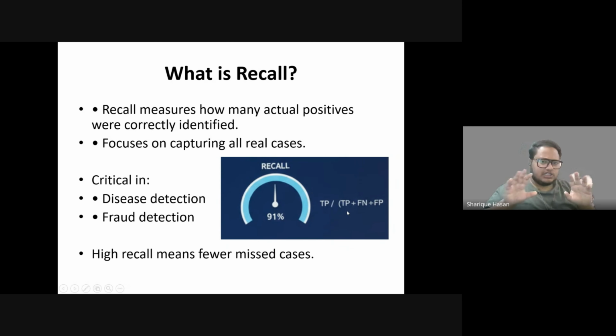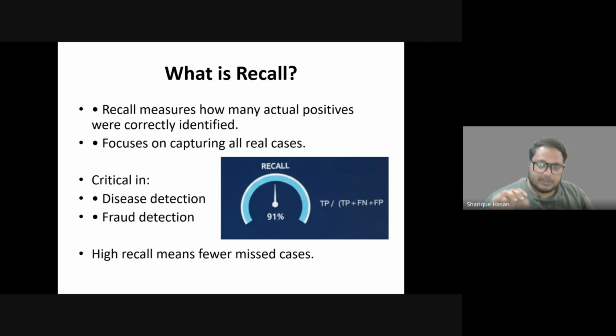Now let me explain true negative, true positive, false positive, false negative. Positive means correct, negative means wrong. True positive means which is predicted correct and actually is correct. False positive is predicted correct, but actually it was wrong. True negative is the thing which was predicted negative, and actually it was negative.